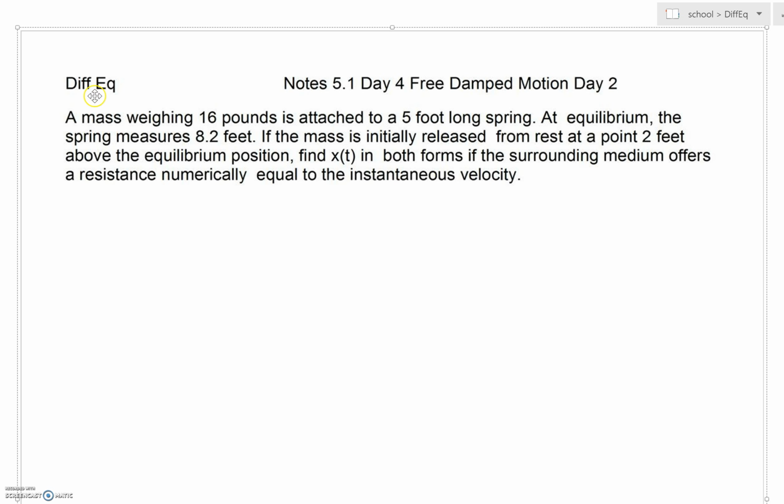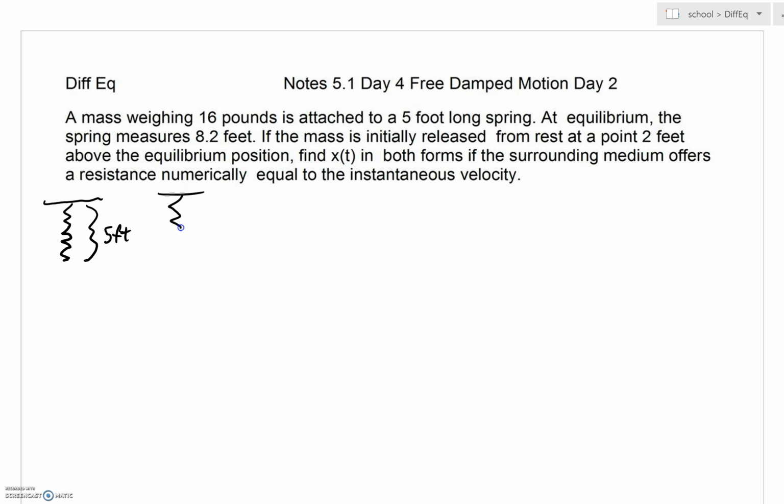Let's read it. It says that a mass weighing 16 pounds is attached to a 5-foot-long spring. At equilibrium, the spring measures 8.2 feet. So here's something that we can begin to draw out and think about. When there's no mass pulling that spring down, it's 5 feet long.